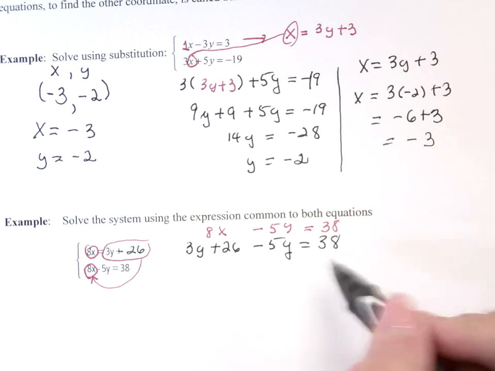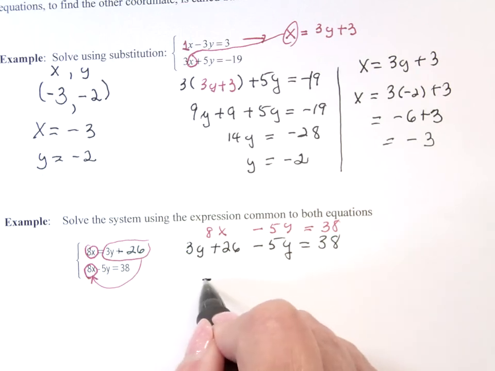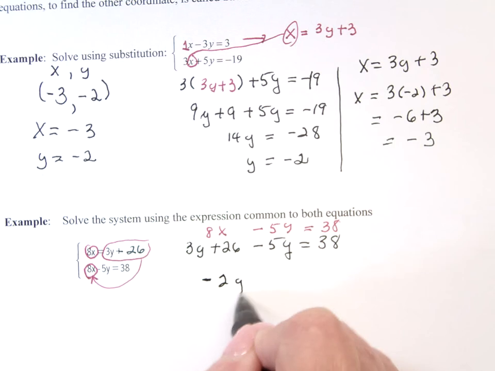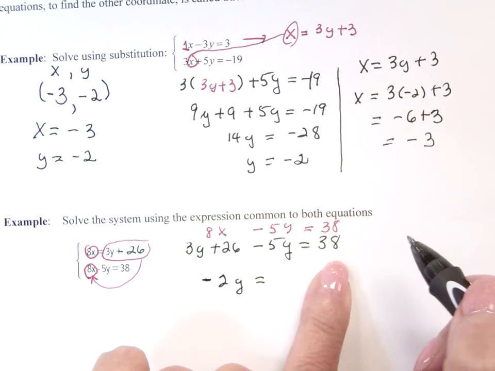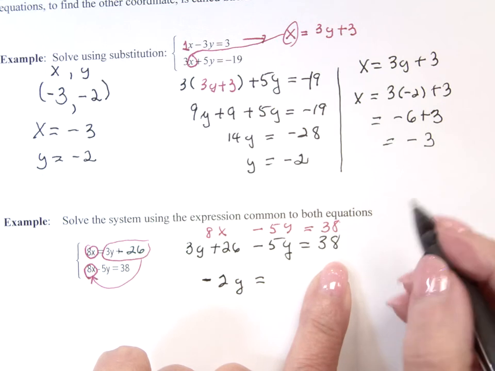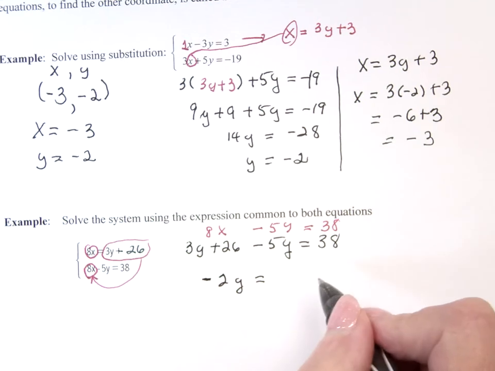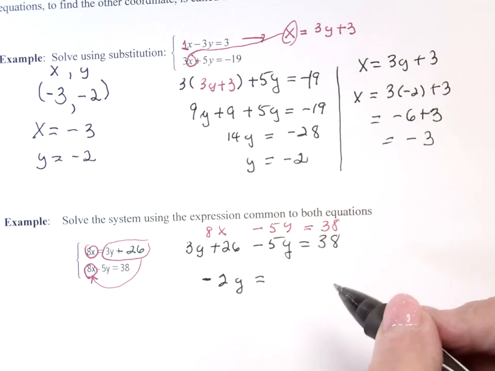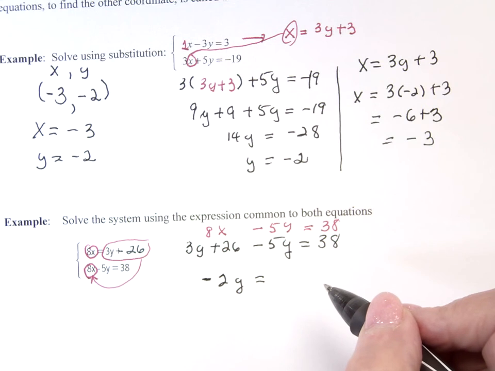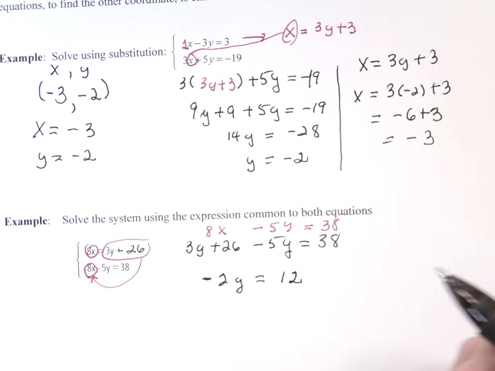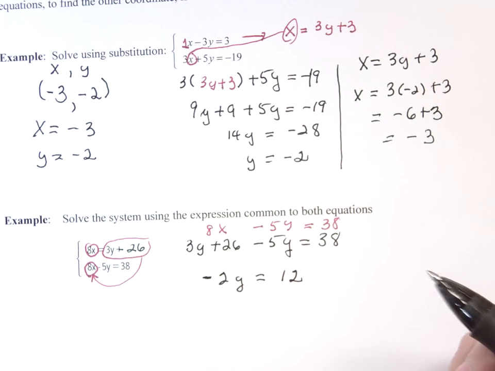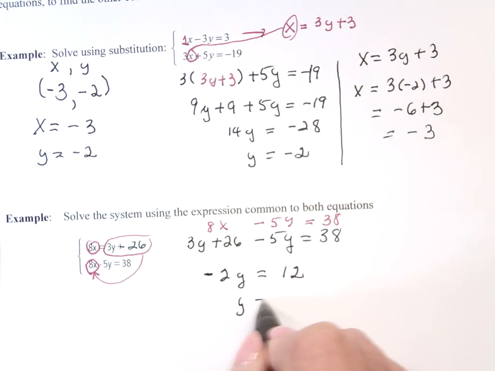So now bring the y's together. So minus 2y equals, if you take the 26 over, you're going to end up with 12. I don't know why I was having a problem with that. Or y is negative 6.